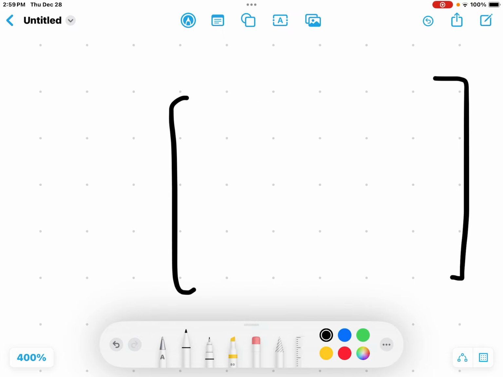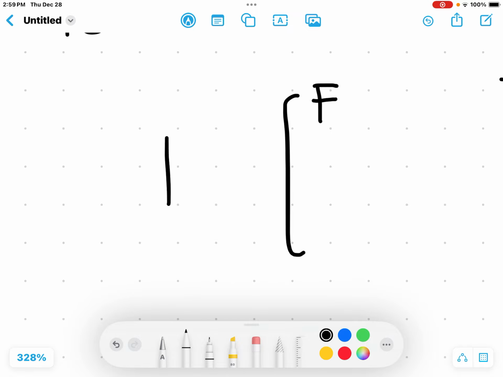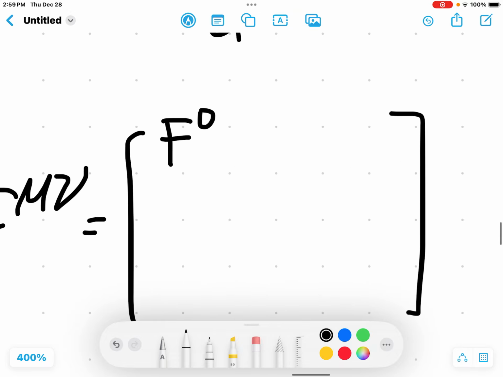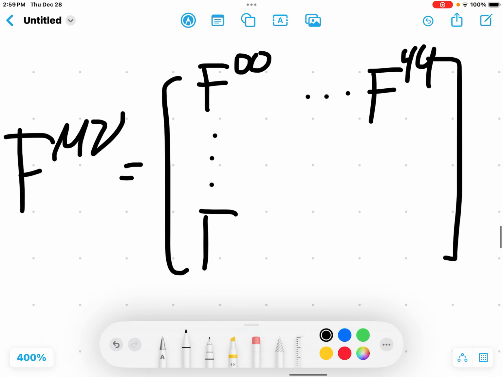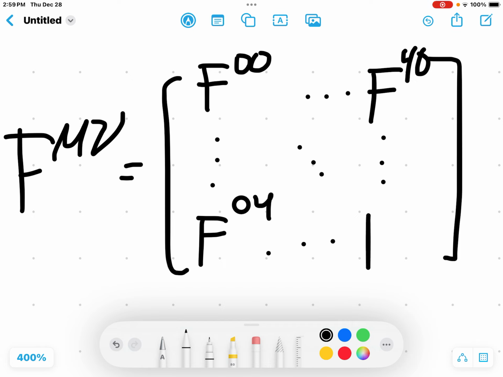So I'm going to call my hypothetical tensor F mu nu, and I'll start with F00, and then this goes to F40, and then this goes to F04, and these go to 44.